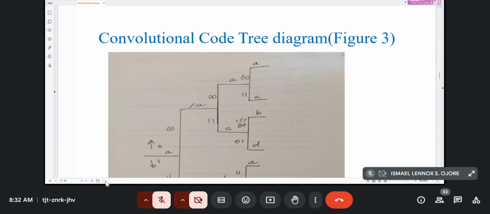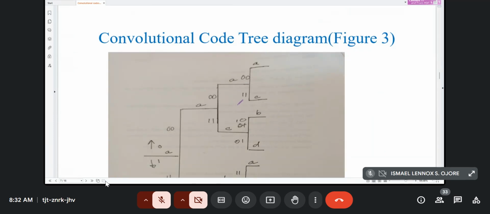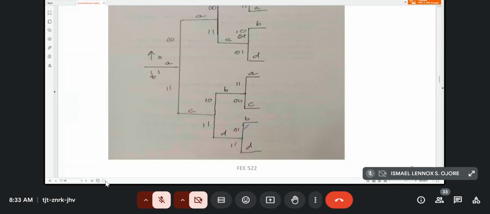So when you go to A, the next time, if you are at A and you put a 0, you go to A, but this becomes a C. Even here it will be a C. This is a C. And a C, this becomes B, and this becomes D. We need to look at what happens when you're at B.